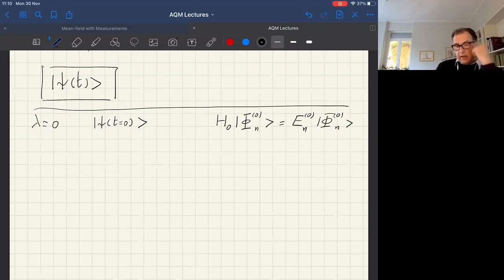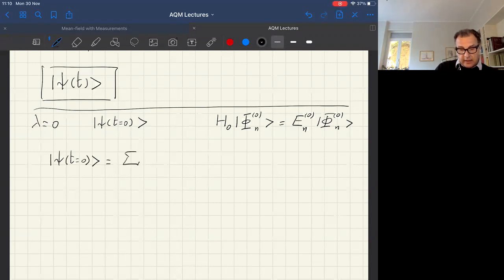Now if I know the eigenstates, then since these form a basis, I can write psi at time 0 as a linear combination of phi 0.